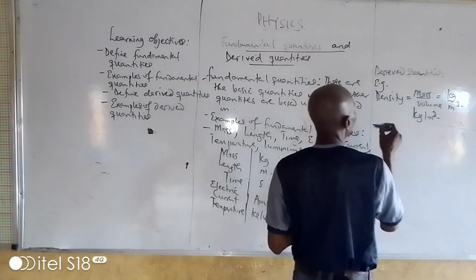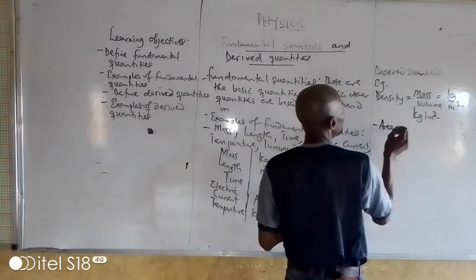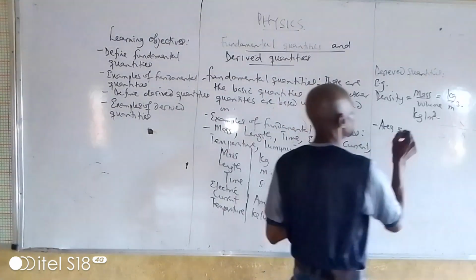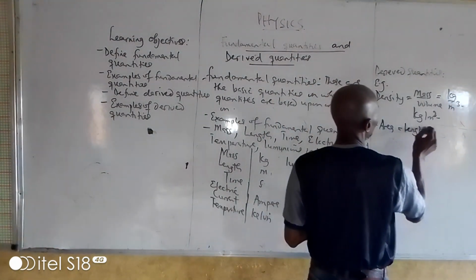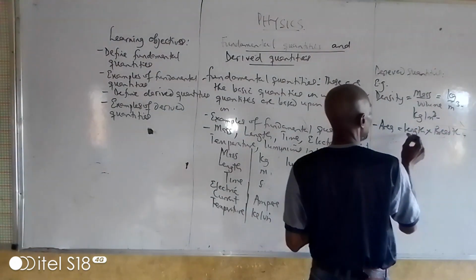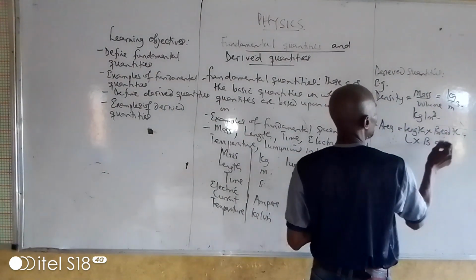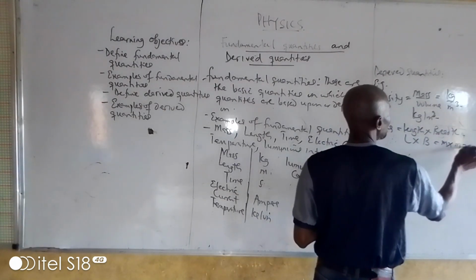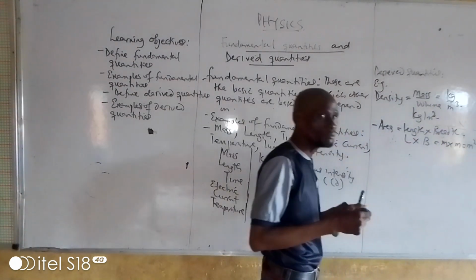Another one is area. Area is also a derived quantity. Area is length times breadth, that is L times B. Length is in meter, breadth is also in meter, giving us meter squared.